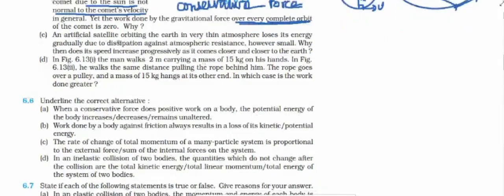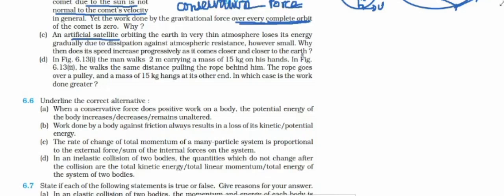An artificial satellite. Why does its speed increase progressively as it comes closer and closer to Earth? When the satellite approaches close to Earth, its speed increases.